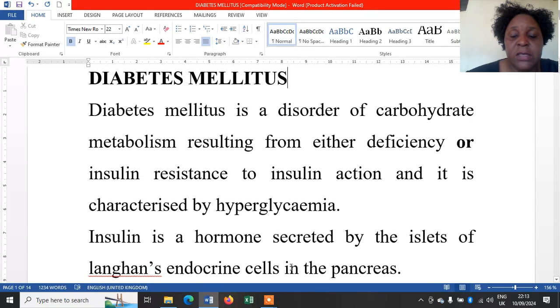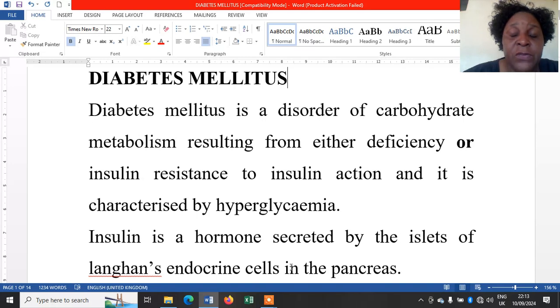So, trying to define this disorder of carbohydrate metabolism, it results from either one, lack of insulin in the body, that is when the pancreas is unable to produce insulin, or insulin resistance, that the body produces insulin, but the insulin produced by the body is either very small or inactive to metabolize carbohydrates.